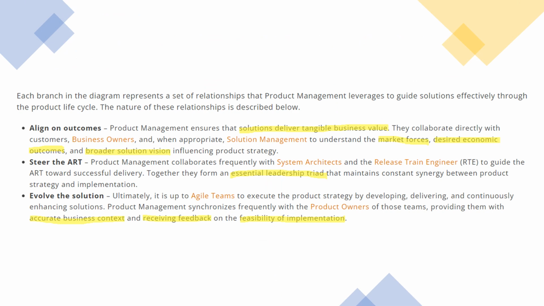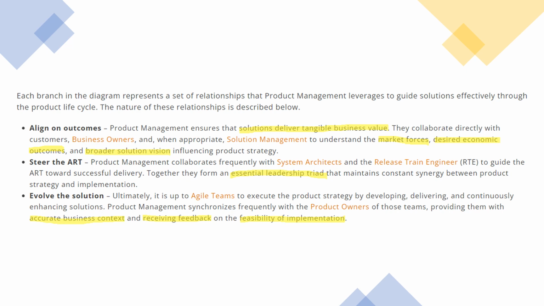As we see in the previous picture, each of the three branches represents a set of relationships that product management leverages to guide solutions effectively through the product life cycle. Let's try to understand a little more about the nature of these relationships. Let us start with aligning on outcomes.